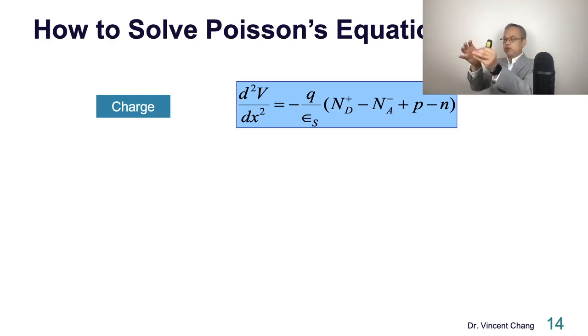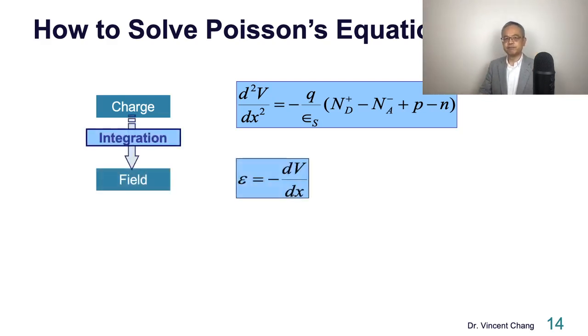Let's say someone gives you a charge distribution, and then you simply take the charge distribution and plug it into the right-hand side of the equation. And then solve the Poisson's equation, going through the process of solving it. The Poisson's equation will tell you the electric field distribution.